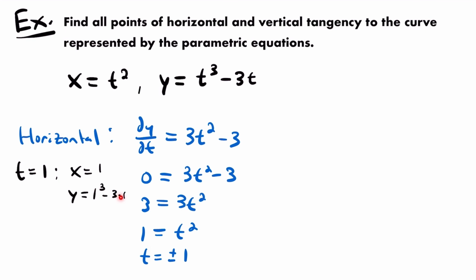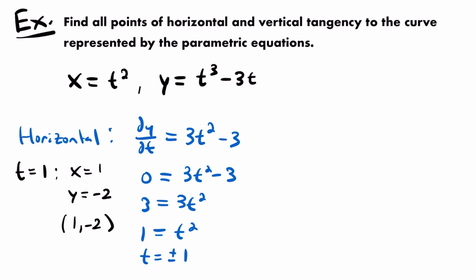So we have 1 minus 3, which is negative 2. So y is equal to negative 2. So our first point is the point 1 comma negative 2. That's when t equals 1.